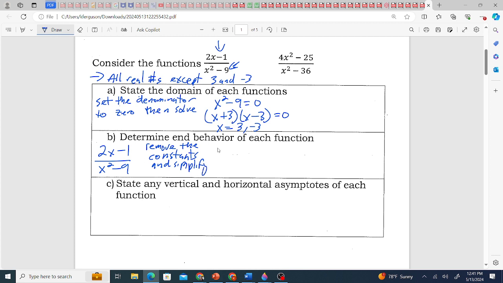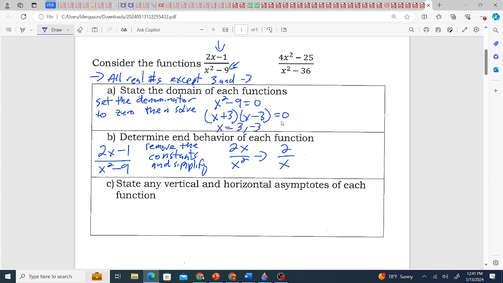So if I remove the constants, I'm going to have 2x over x squared. And then I simplify that. What's the last thing I can do to that? I can take an x out. So I'm going to have 2 over x.